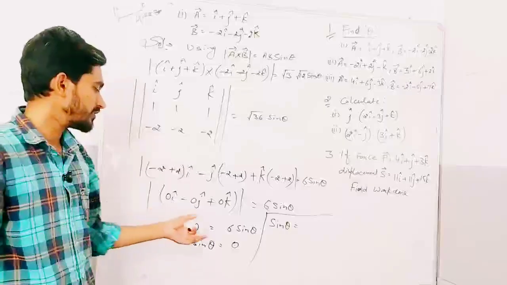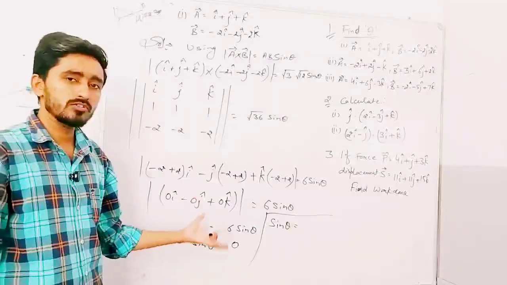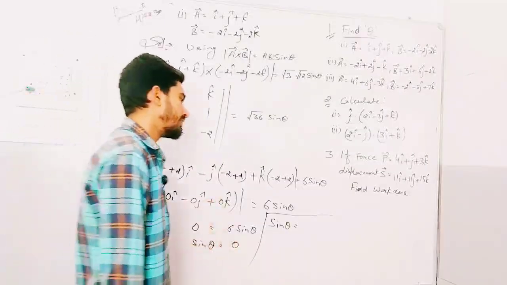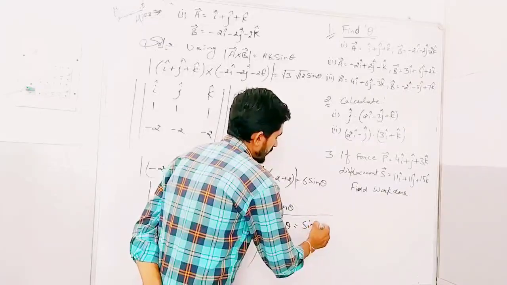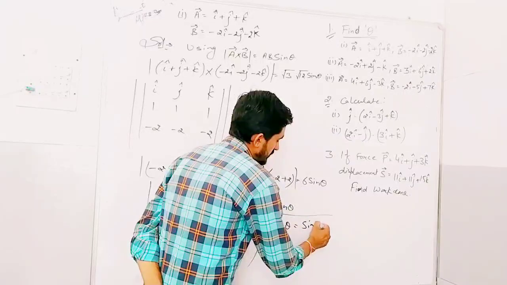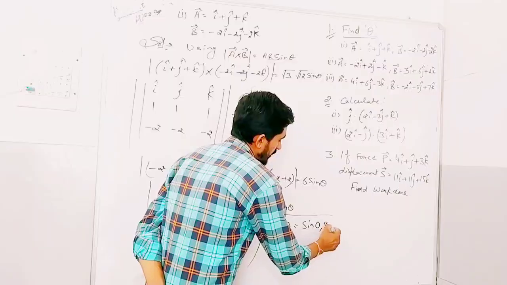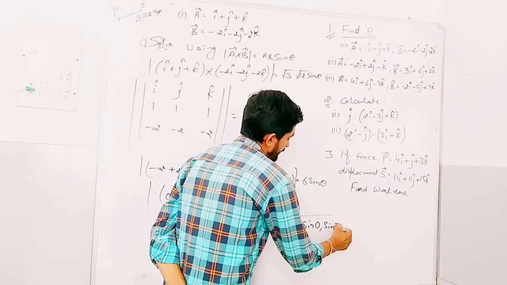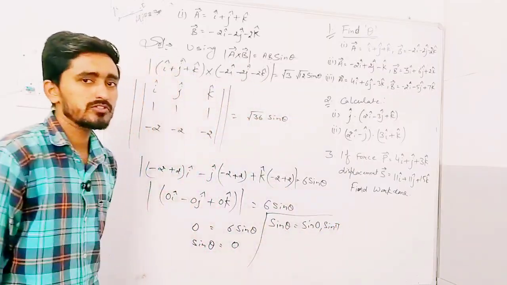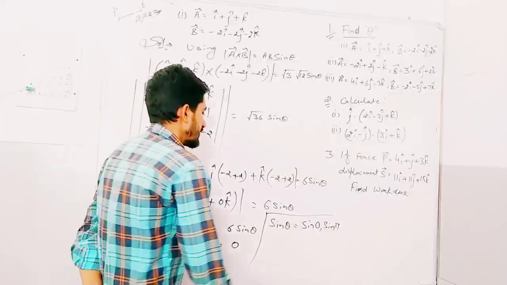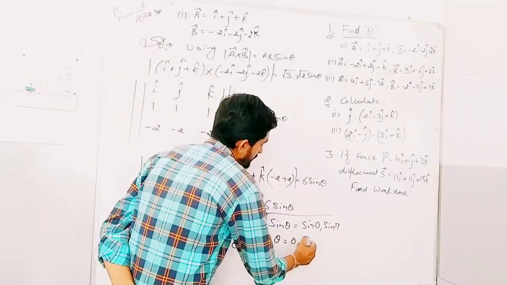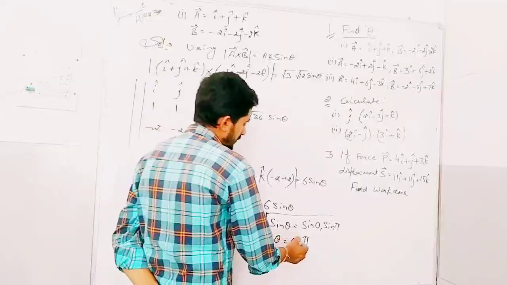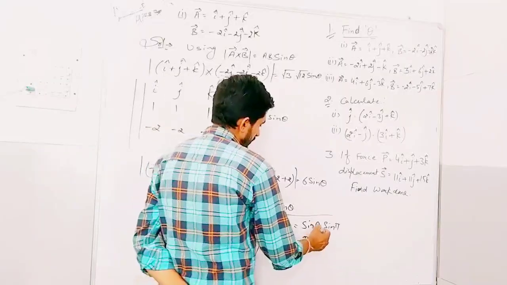Where is sin theta 0? Sin theta is 0 at 0 and pi; at pi it is also 0. Then sin 0 and sin pi, so theta becomes 0 or pi.